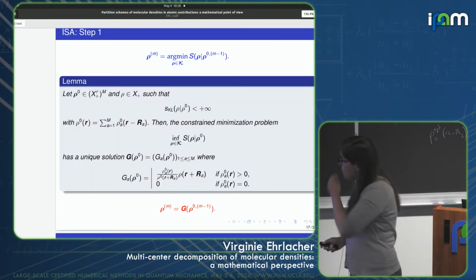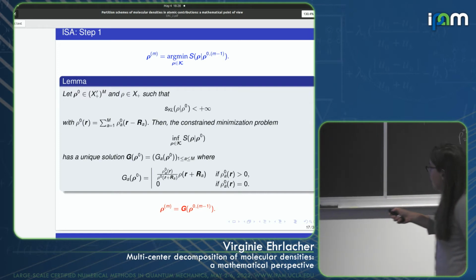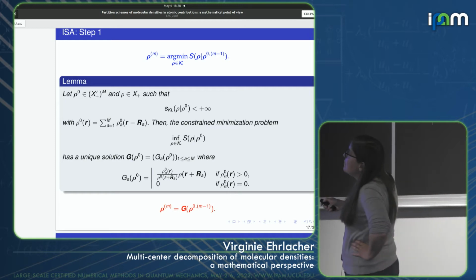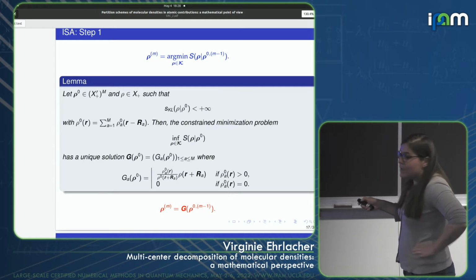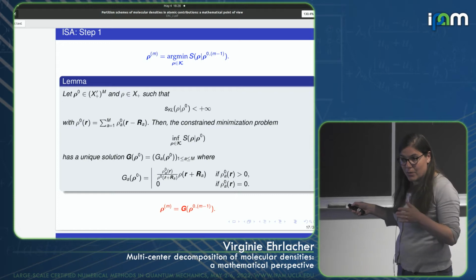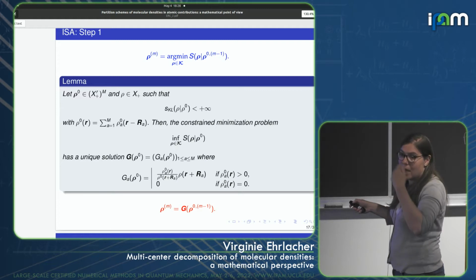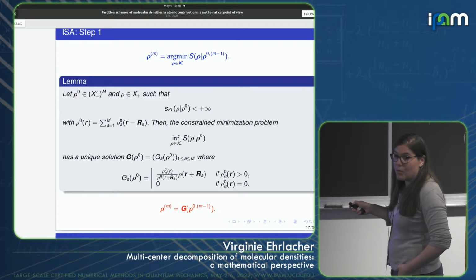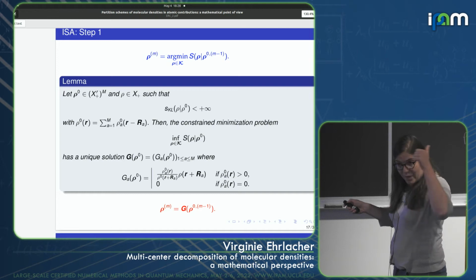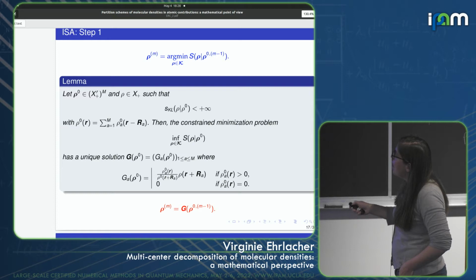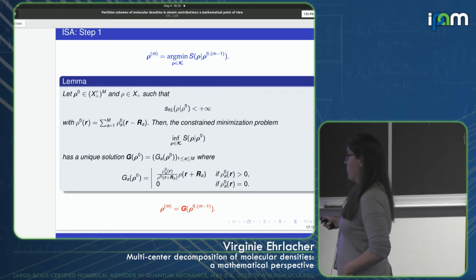Now let's go to step 1. Step 1 consists in finding rho m. It's a set of local atomic densities that are not necessarily radially symmetric, but which belong to the admissible set of AIM decompositions, so which are related to my original molecular electronic density, and which minimizes this problem here. This rho m can also be explicitly known; this was known in the literature before us.